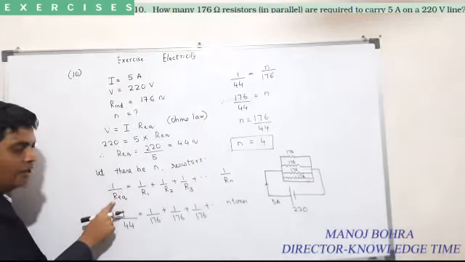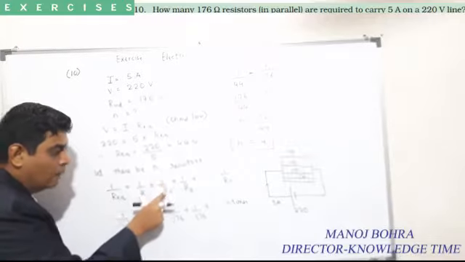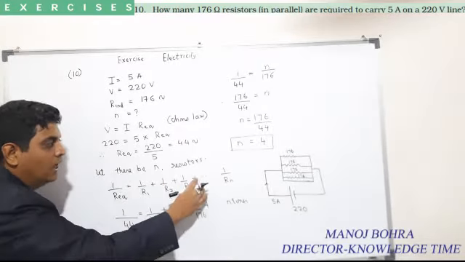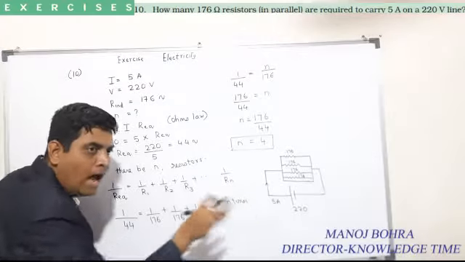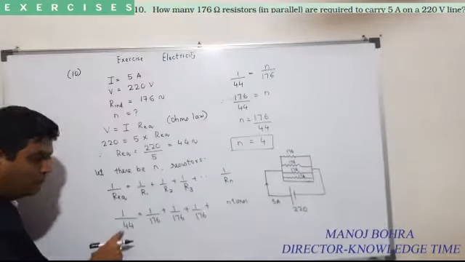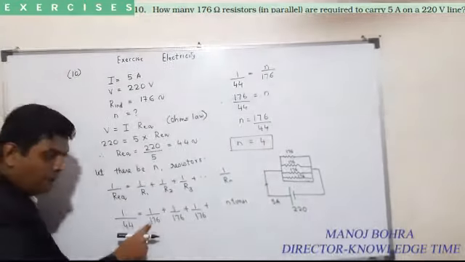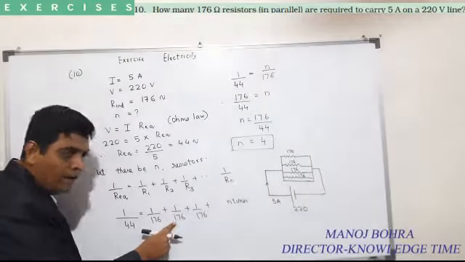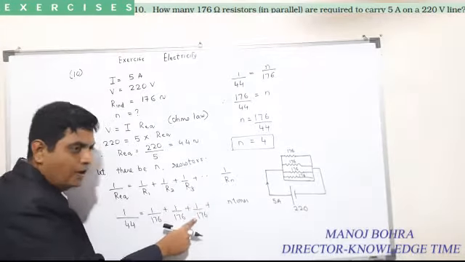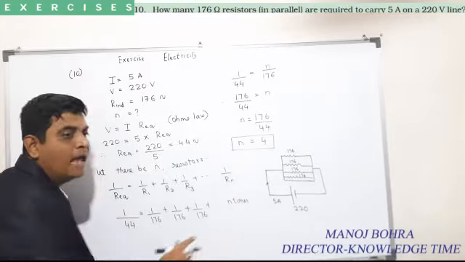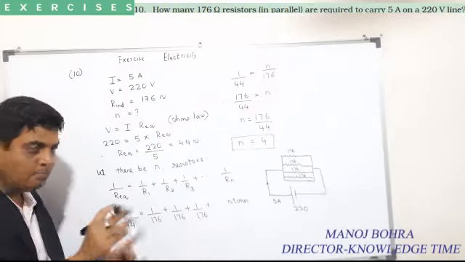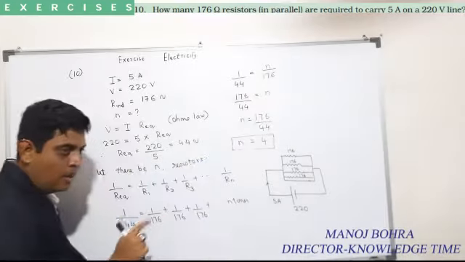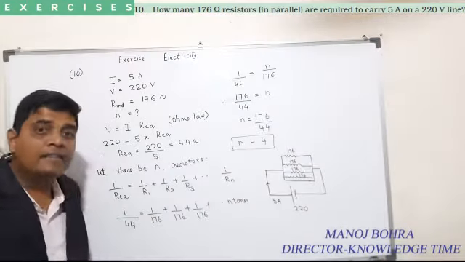So 1 upon R equivalent is 1 upon R1 plus 1 upon R2 plus 1 upon R3. Let n resistors be there, so it will go up till 1 upon Rn. So therefore 1 upon 44 is equal to 1 upon 176 plus 1 upon 176 plus 1 upon 176, up till n times. The denominator is 176, same, and you are adding 1 n times.